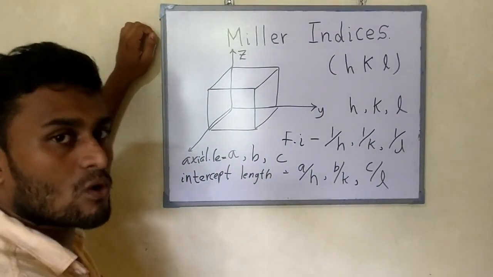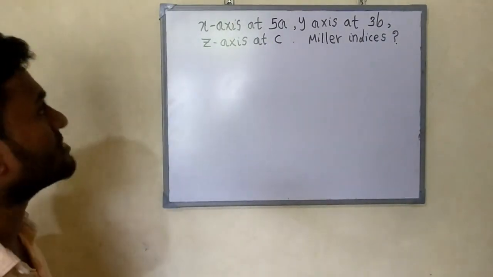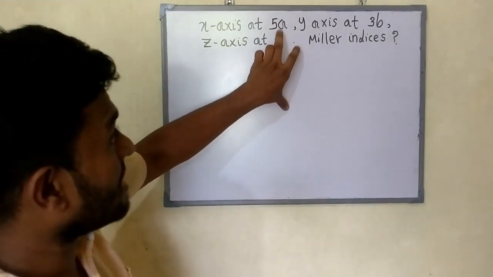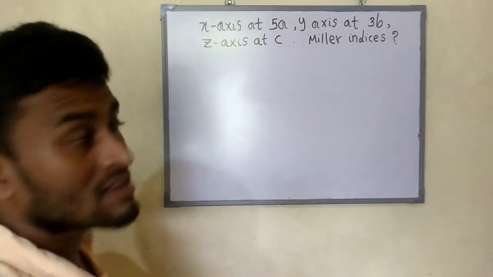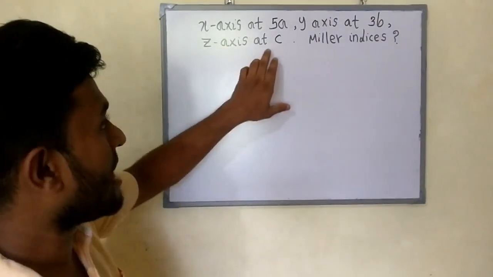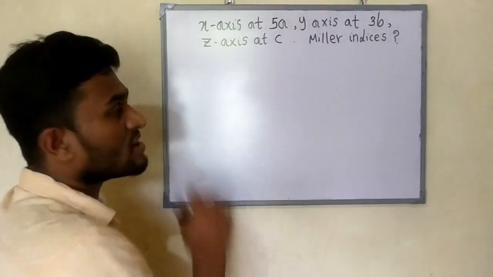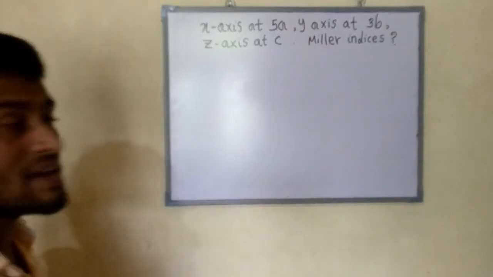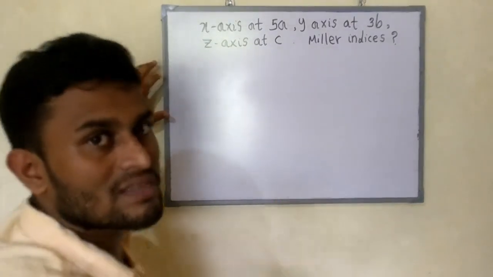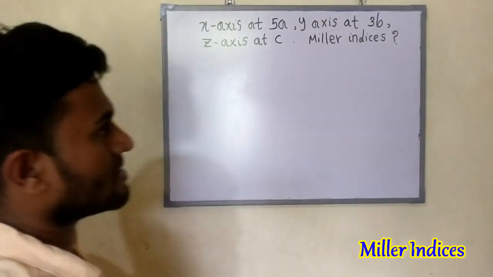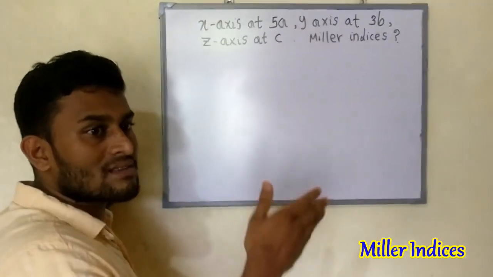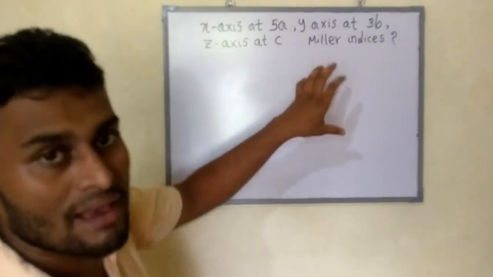So let's move on to those problems. Here you are given a question: a particular plane cuts the x-axis at 5a, the y-axis at 3b and the z-axis at c. We need to find the Miller indices of that plane. We can work with a small procedure to find the Miller indices. We know in a cubic crystal the axes x, y, z always correlate with a, b and c.